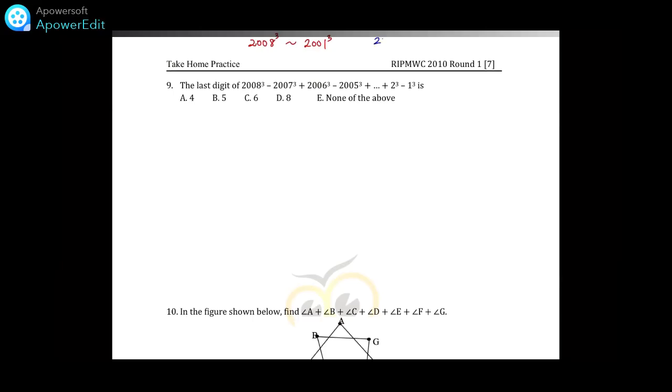So 2000 to 1991, and then 1990 to 1981, and so on all the way to 10 to 1. 10 numbers in a group.